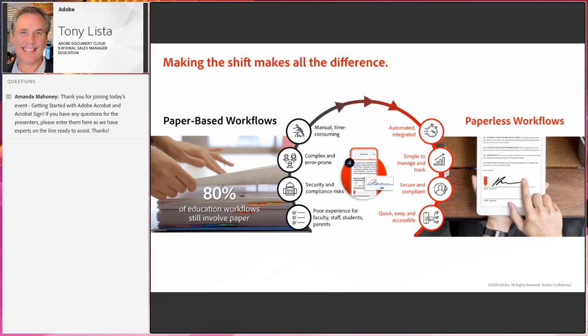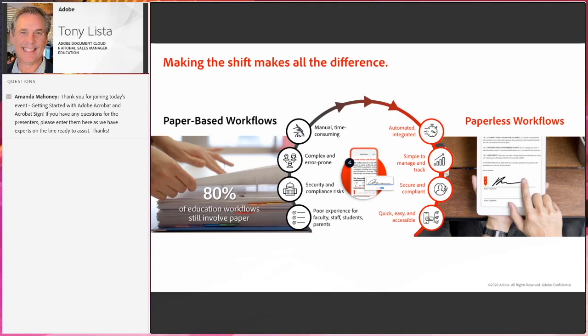When you switch to digital workflows, you change everything. In a recent Forrester consulting report, they estimate that nearly 80% of education workflows still involve at least some paper. This isn't fun. This is challenging.